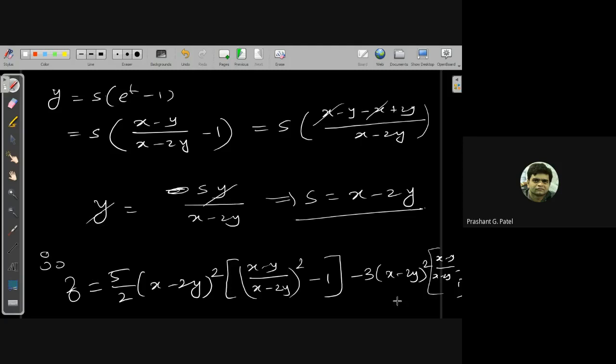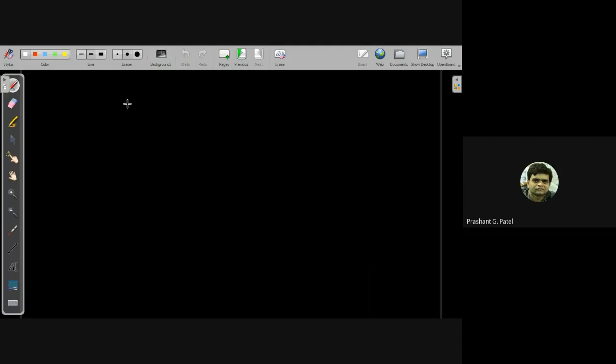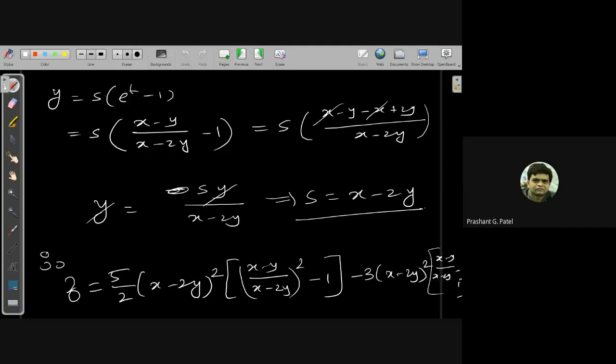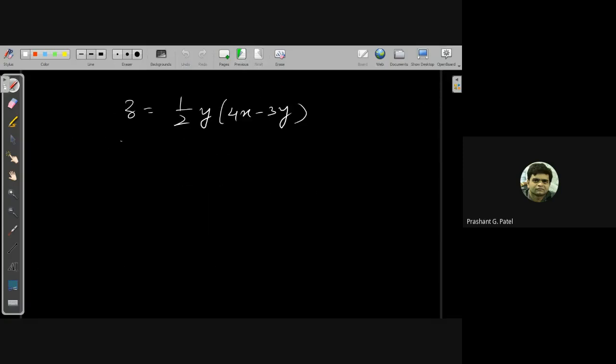We'll simplify this and the final answer will lead to z equal to 1 by 2 y (4x minus 3y). If you simplify this whole expression, that will lead to this answer.